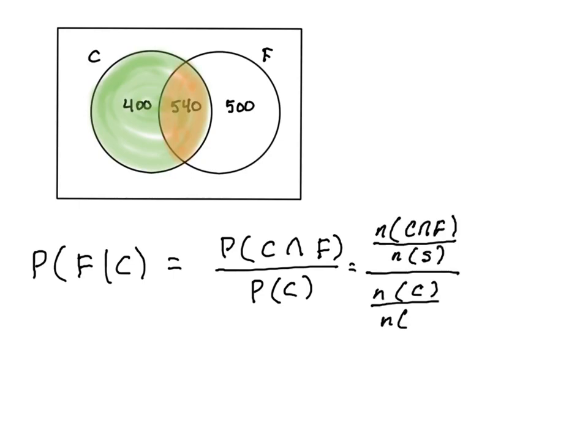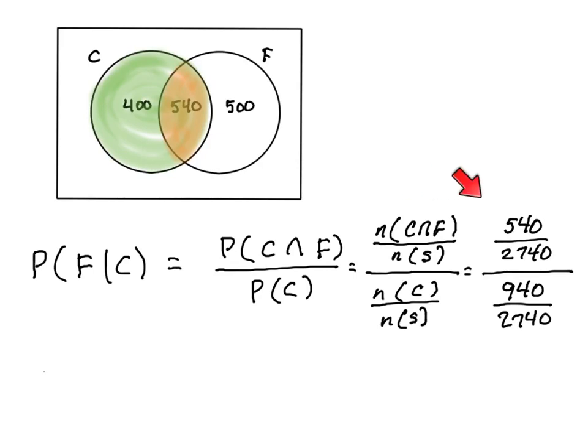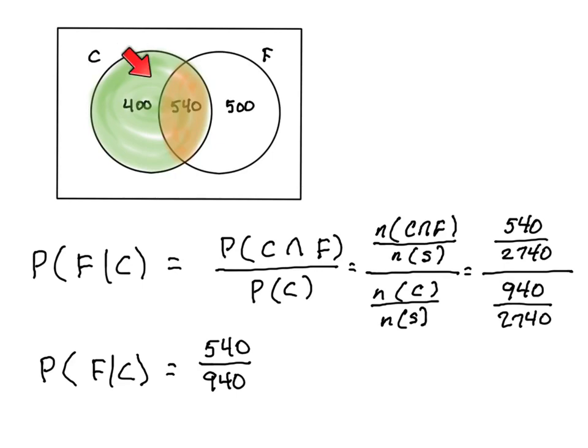From before, we had the probability of C intersect F as 540 over 2,740. The probability of being a child is 940 over 2,740. But look, we have a common denominator in both the numerator ratio and the denominator ratio. So in fact, what we have is just 540 over 940.